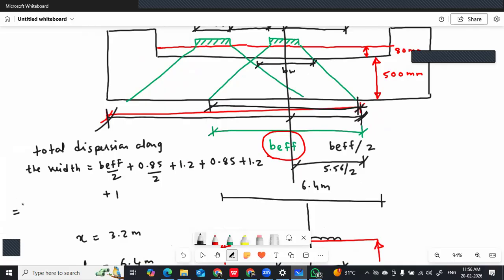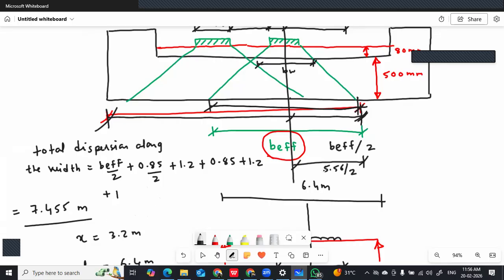Will someone calculate and tell me? Hasib. One minute, I am doing it. 5.56 divided by 2, plus 0.85 divided by 2, plus 1.2, plus 0.85, plus 1.2, plus 1. 7.455. Yes, 7.455 meter. So this is the total dispersion along the width.